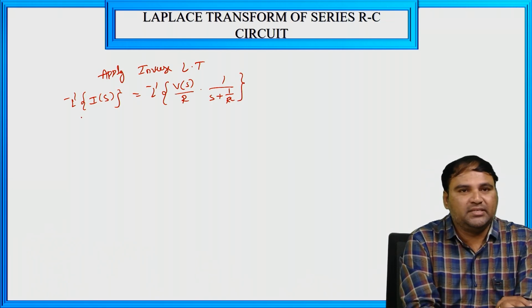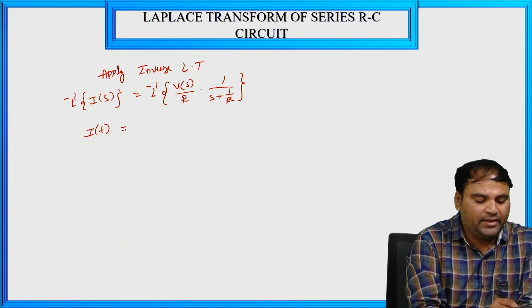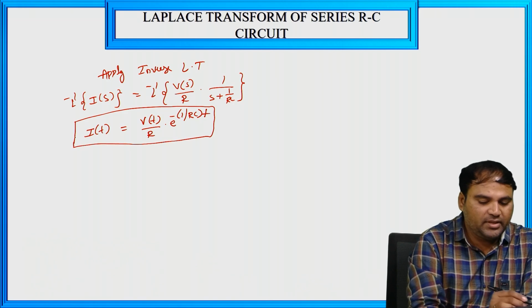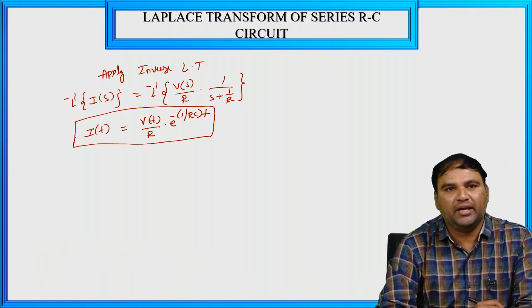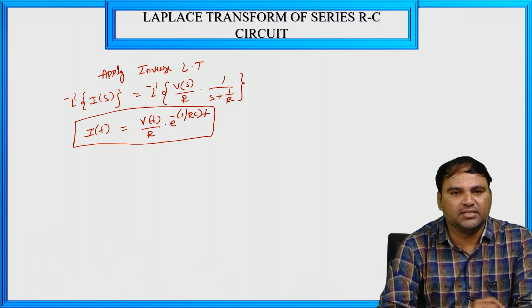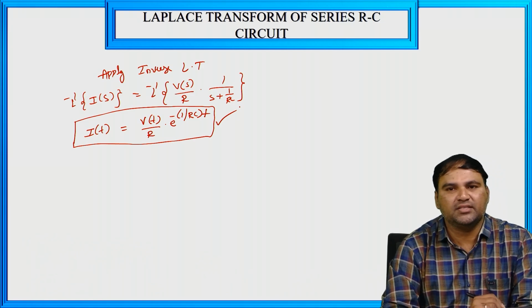Now the Laplace inverse of I of S is I of t, which equals V of t divided by R into e to the power of minus 1 by RC into t. This is the current expression of the series RC circuit. So I of t equals V of t by R e to the power of minus 1 by RC into t, right? This is the total current response of the series RC circuit.